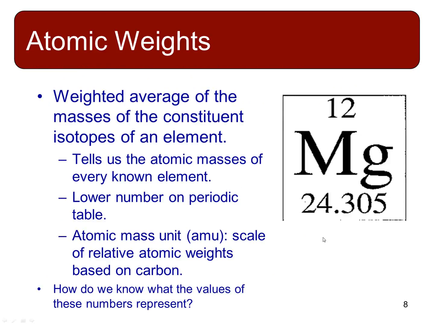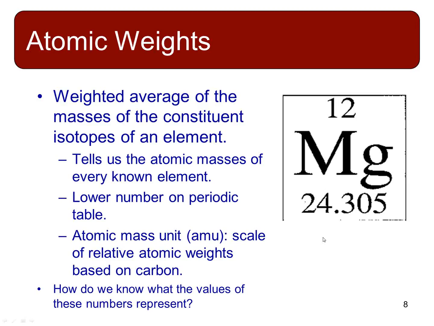Okay, we discussed, and actually on your last test there was a question about atomic weight or mass number. We know that those two things are different. The atomic weight is the number that we find on the periodic table. It's not a whole number. It has however many significant digits the periodic table has, which varies sometimes.